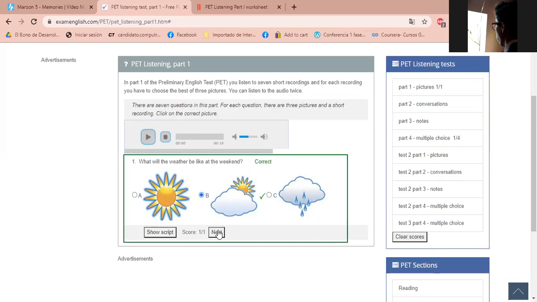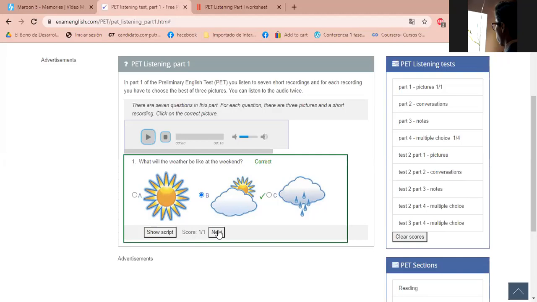Ya sea que les toque presencial o que les toque en línea, lo recomendable y lo que siempre van a hacer los evaluadores es ponerles el audio 2 veces únicamente, ¿sí? A la primera vez traten ya de tener su respuesta y en la segunda vez solo constaten que ustedes están en lo correcto, ¿sí? Ese es mi consejo.